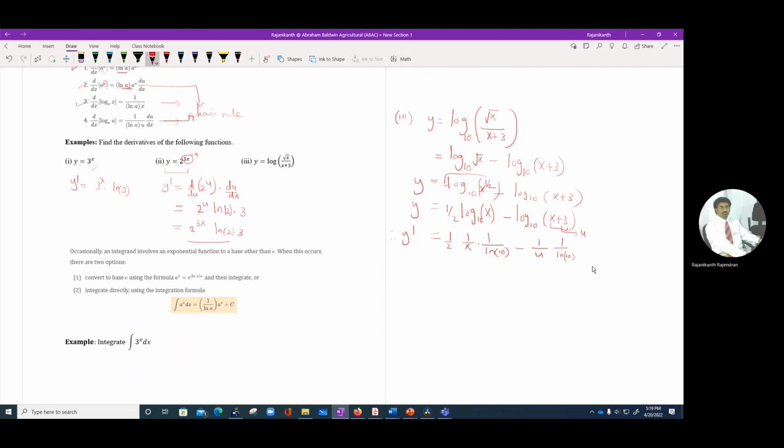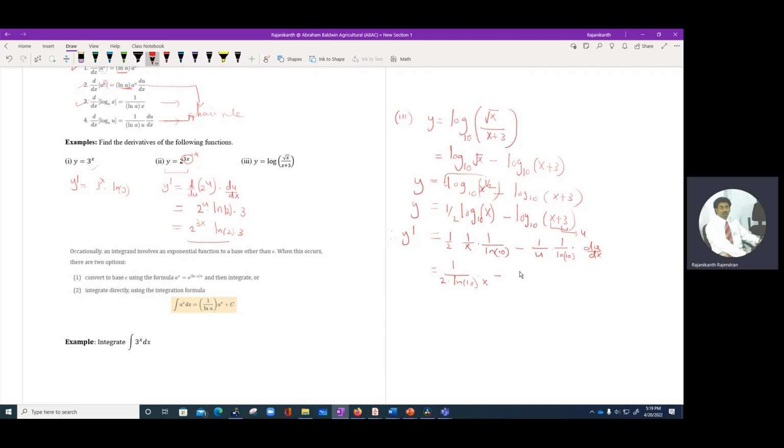But remember, with the chain rule, you need to take the derivative all the time with respect to x. This will be 1 over, let me write down the constant part first, 2 times ln 10, and the variable, which is x. Then, what is du over dx? My u was x plus 3, right? Therefore, du over dx is just 1.